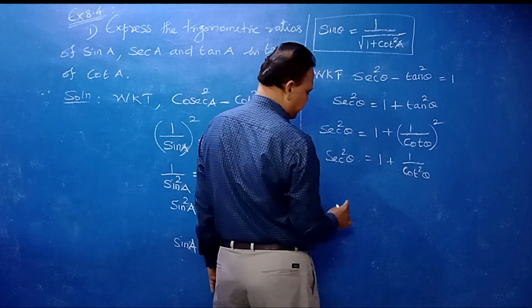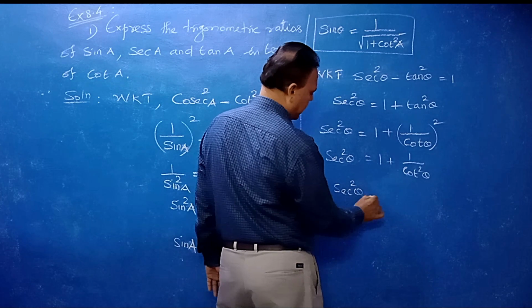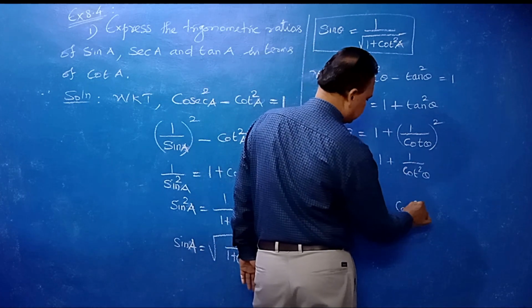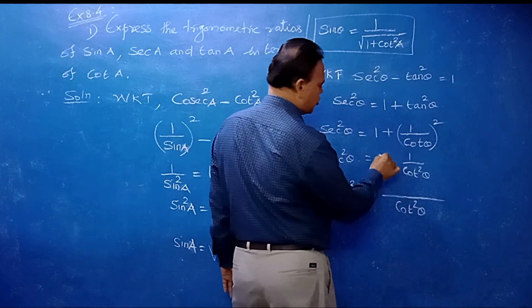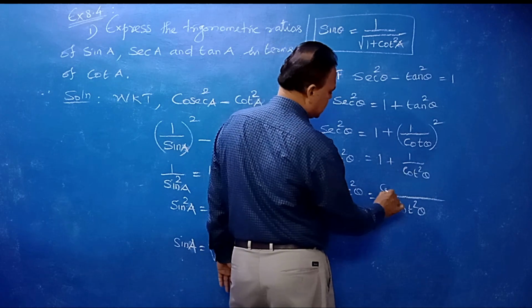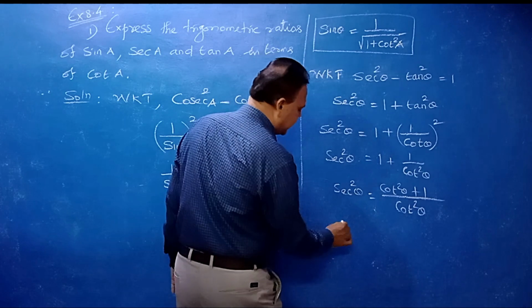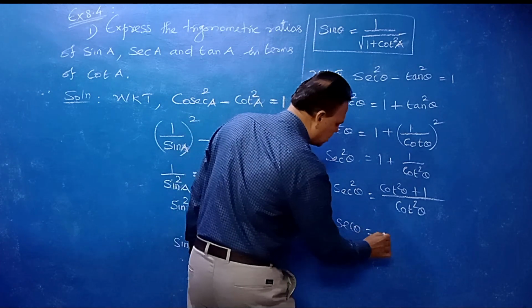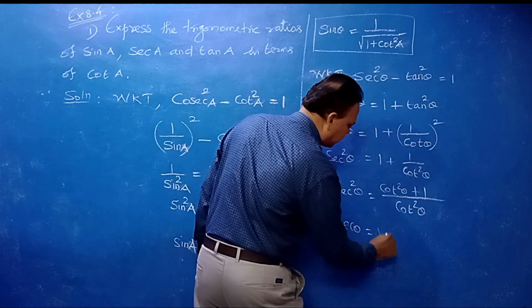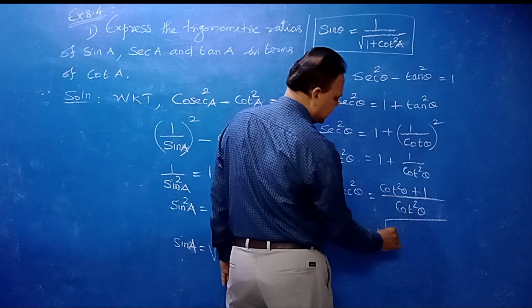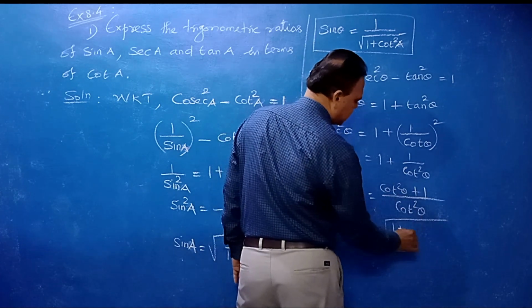Now take the LCM. Cot square theta, you take and cross multiply, means cot square theta plus 1. Now we need secant theta only, so take the square root. Taking the square root, first write 1 plus cot square theta.